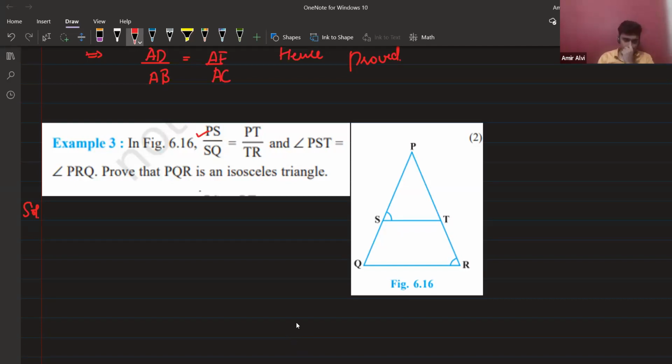We are learning congruency or similarity, not perpendicular. The BPT theorem says that if the lines are parallel, then the sides will be in ratio. You can see that PS by SQ and PT by TR, the sides are in ratio. So I can say that ST and QR are parallel to each other because the sides are in ratio.